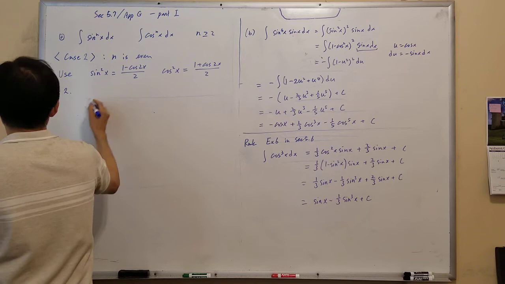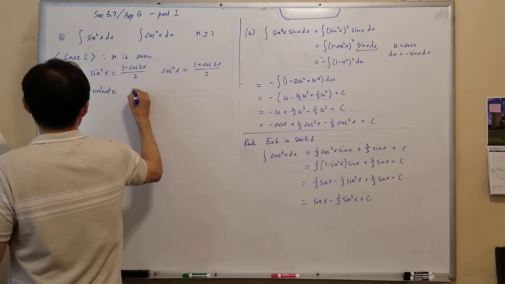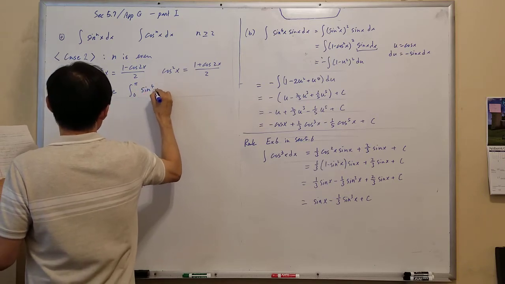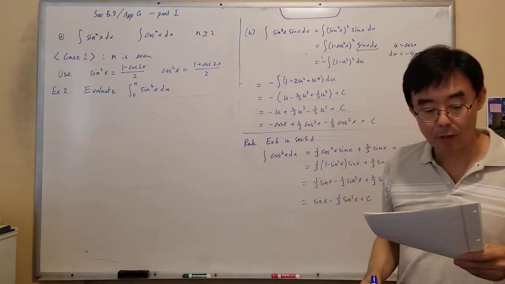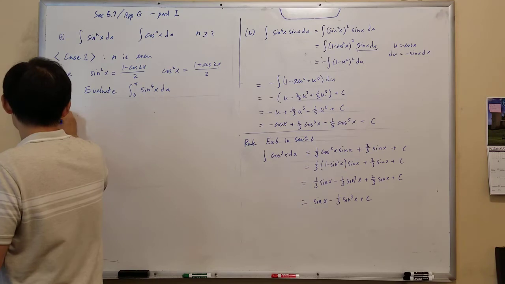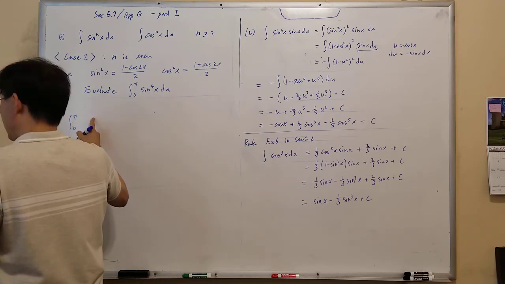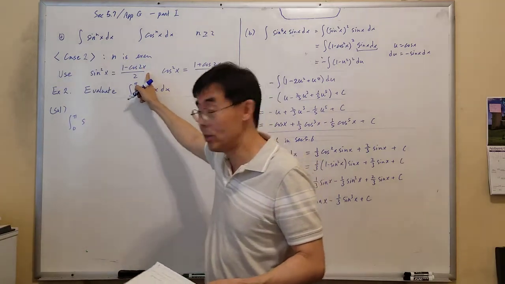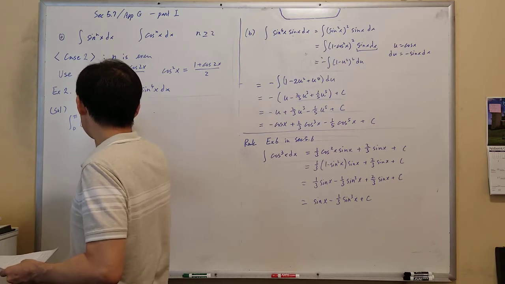Example 2. Evaluate the integral of sine to the fourth power x dx, from 0 to pi. Solution: before you use this, we want to write sine squared of x, entire square, dx.